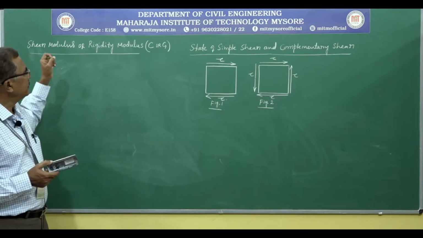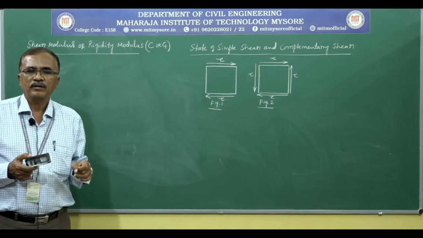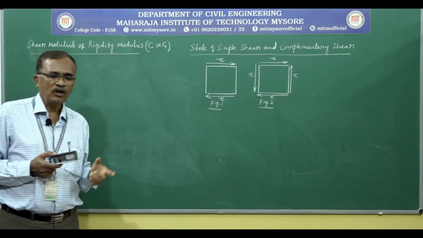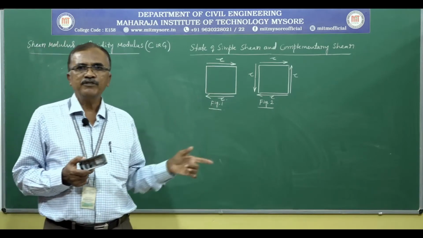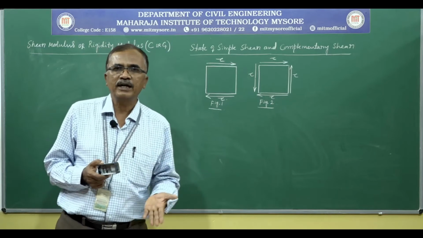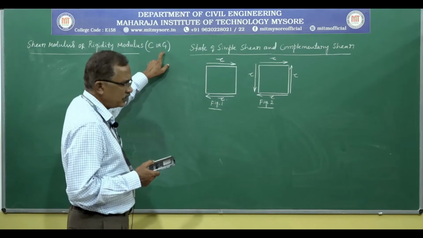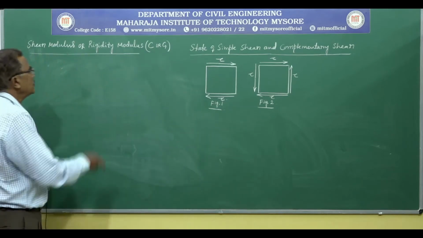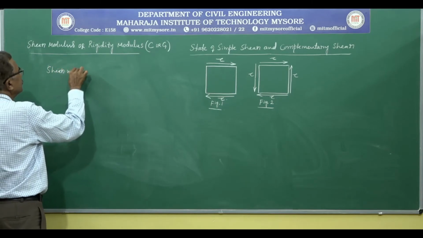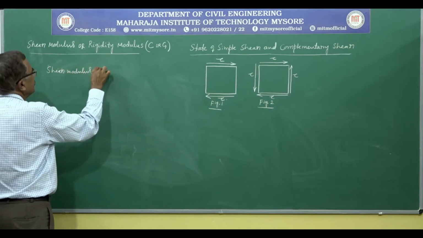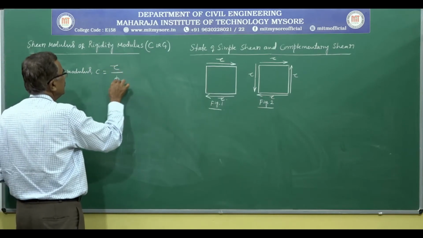And as we are obtaining this shear modulus by considering the ratio of shear stress and shear strain, the unit of shear modulus is same as that of direct stress. So, this can be denoted by C or G. Hence shear modulus C is equal to shear stress divided by shear strain.